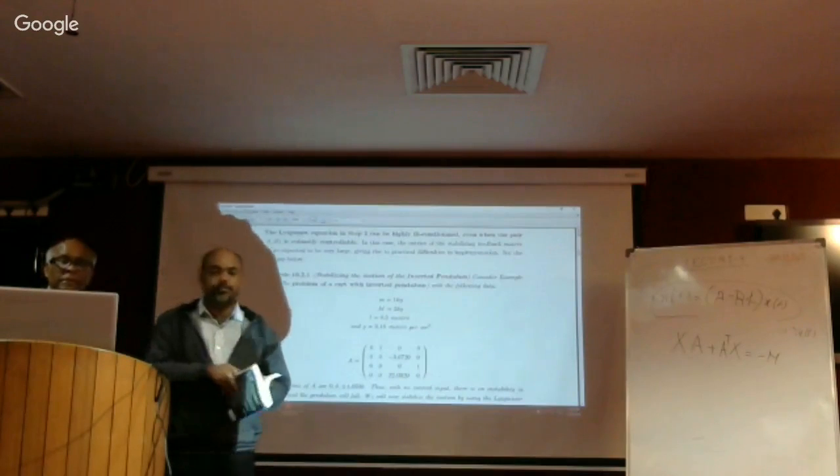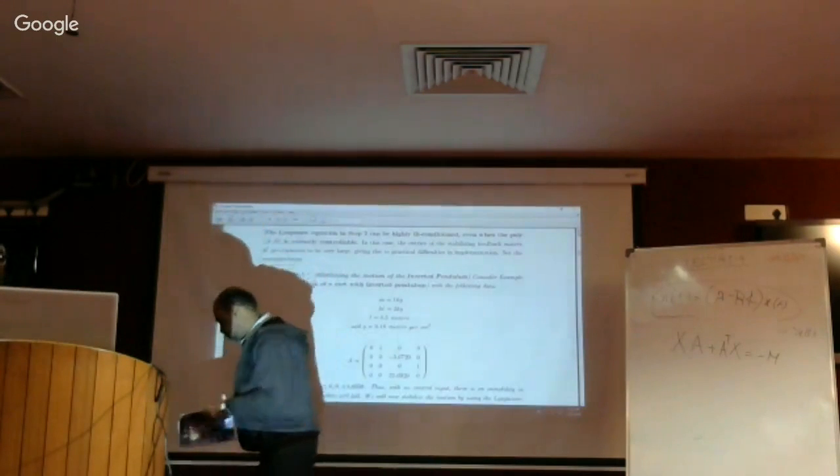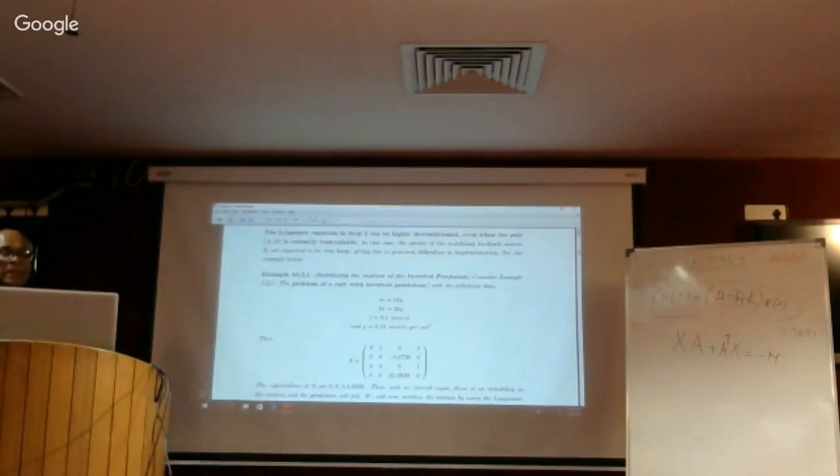Okay, here is an example on stabilizing the motion of the inverted pendulum that we have seen yesterday, right? Here is the system matrix A, and the parameters small m, capital M, L, and g are chosen this way.